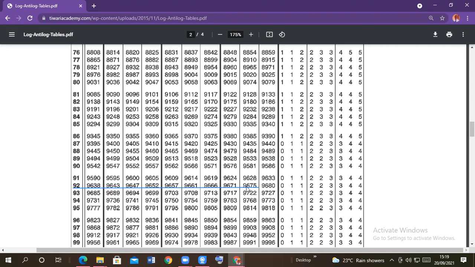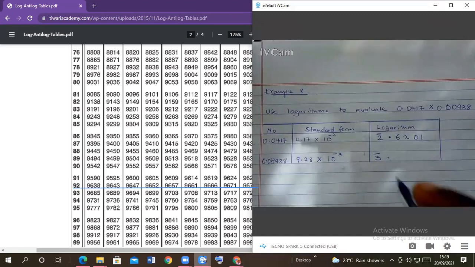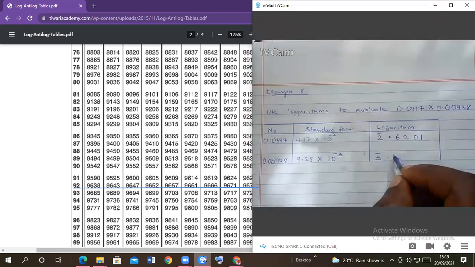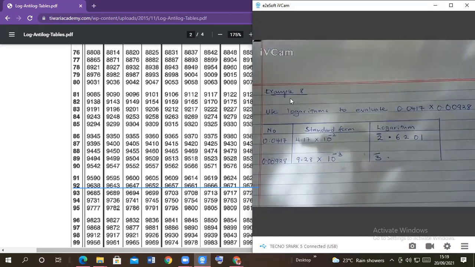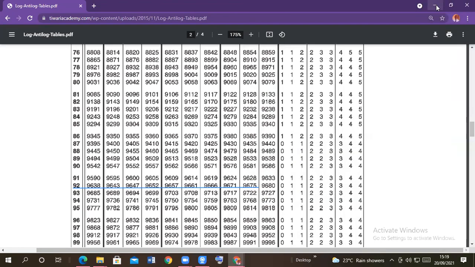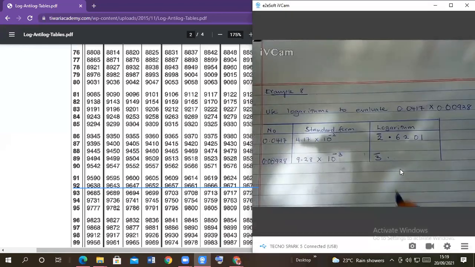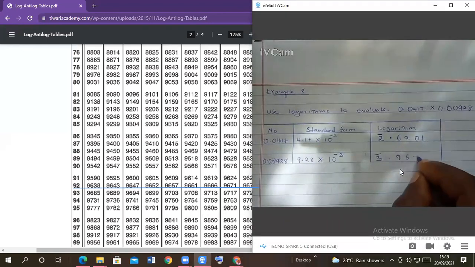The number which is there is the log of 9.28, and we can write it as 3.9675.